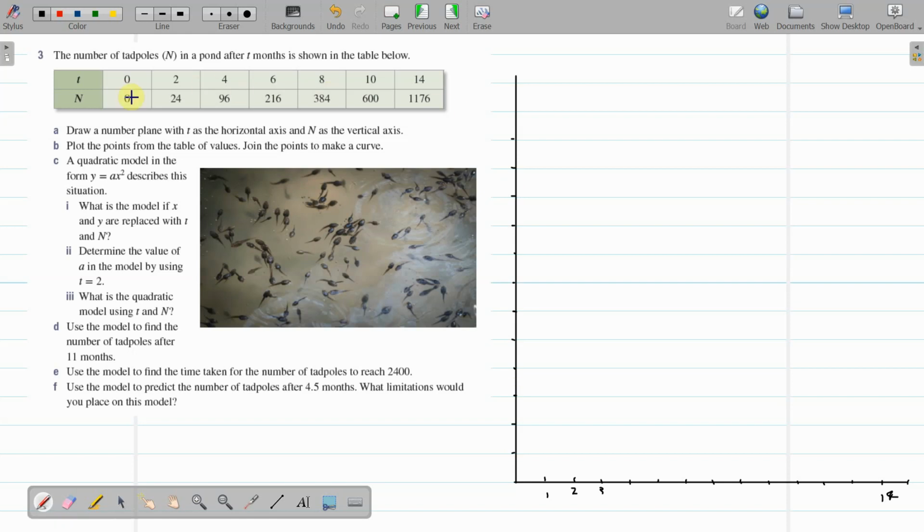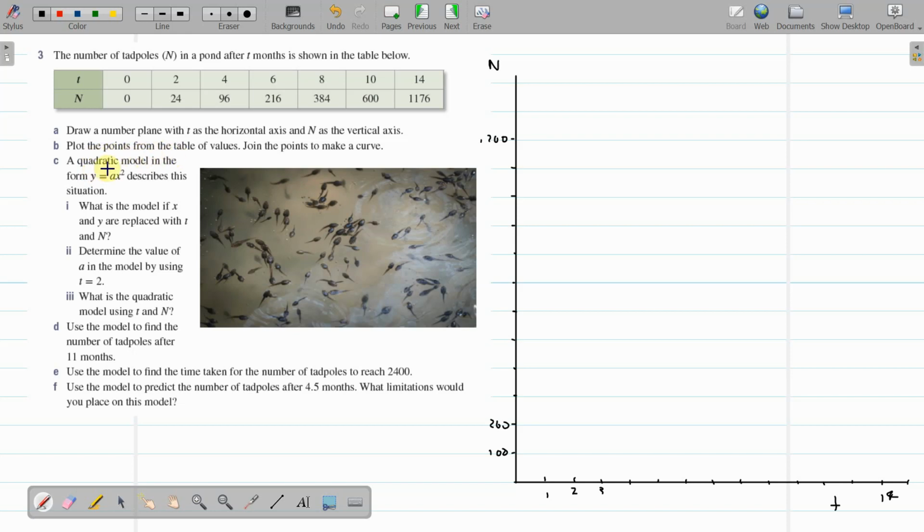And up here, it starts at 0 and goes up to 1176. So I went up by hundreds. 100, 200, all the way up to 1200. So that fits all the values for t along here, and up here is n, number of tadpoles.